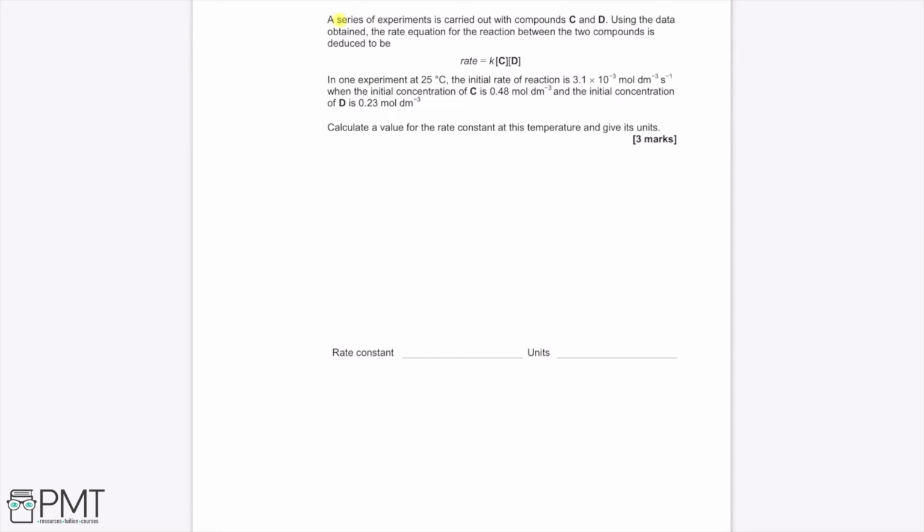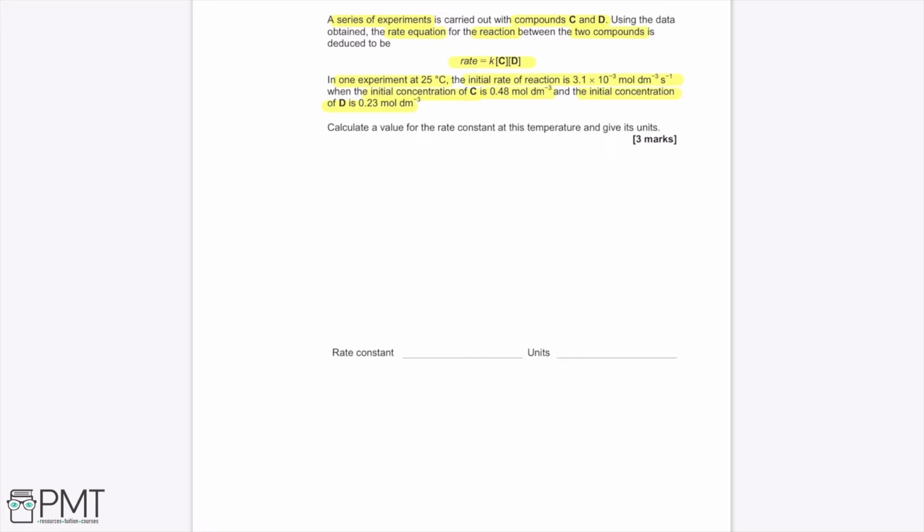In this question, we are told that a series of experiments is carried out with compounds C and D, and using the data obtained, the rate equation for the reaction between the 2 compounds is deduced to be the rate equals K multiplied by the concentration of C multiplied by the concentration of D. We are then told that in one experiment at 25 degrees Celsius, the initial rate of reaction is 3.1 times 10 to the minus 3 mole per decimeter cubed per second, when the initial concentration of C is 0.48 mole per decimeter cubed, and the initial concentration of D is 0.23 mole per decimeter cubed.